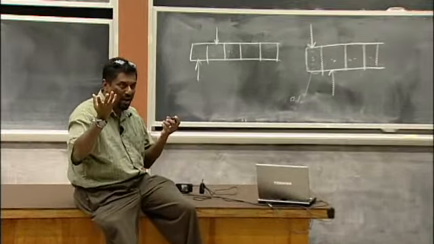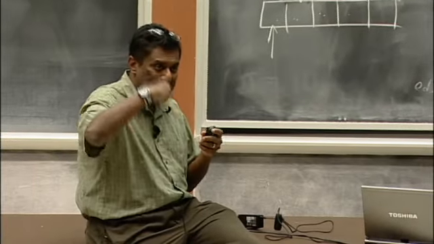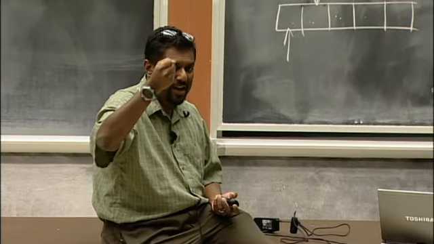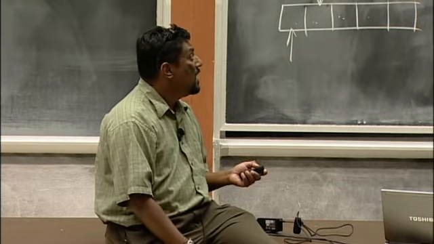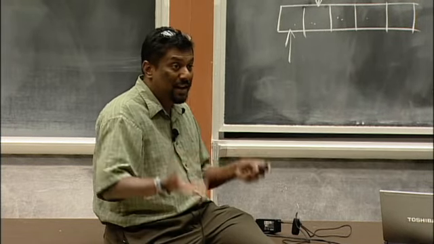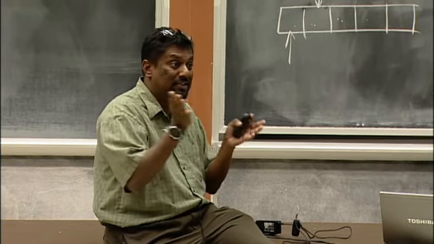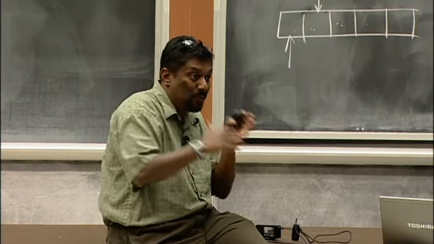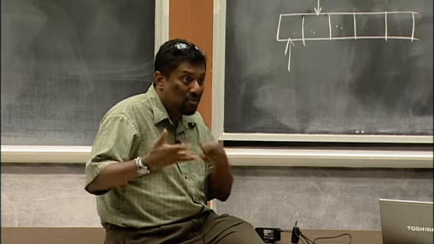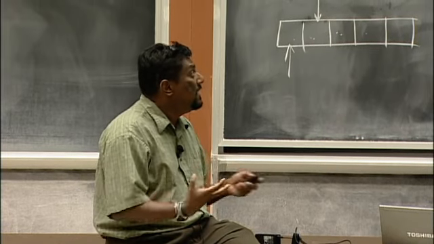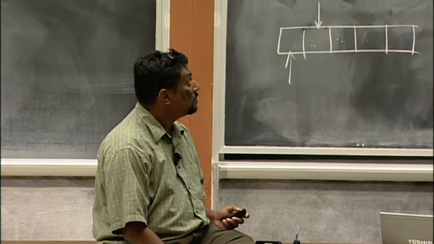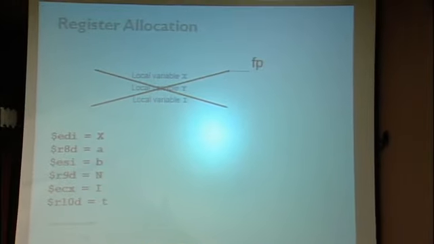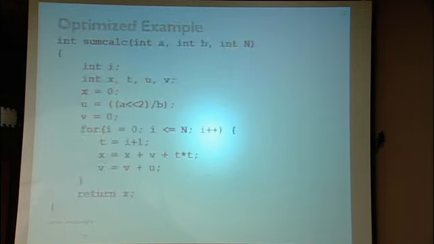I will take some vertex out and say this vertex can't be in there because I can't put it into a register, and I spill it out. Then you can recolor the graph. Of course spilling is costly because now, instead of having that value in the register, it's in memory. Every time you need it, you have to bring it back, put it out, send it back, so it's going to be expensive. So the nice thing is to see how much you can keep in registers. In here, I have enough registers for this program, so I found registers for all these things instead of putting them in memory.